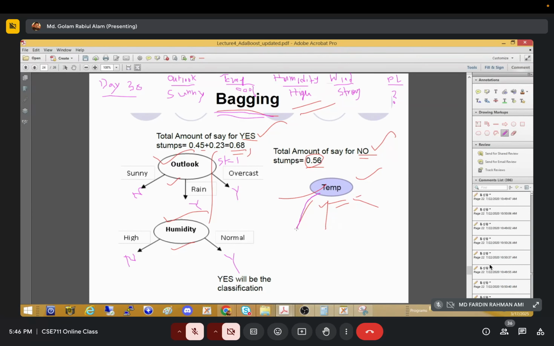And maybe we have another stump like temperature. So temperature hot, mild, and cool.